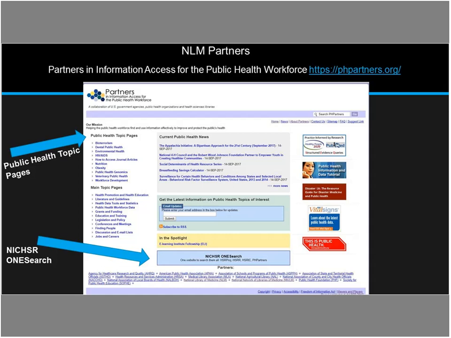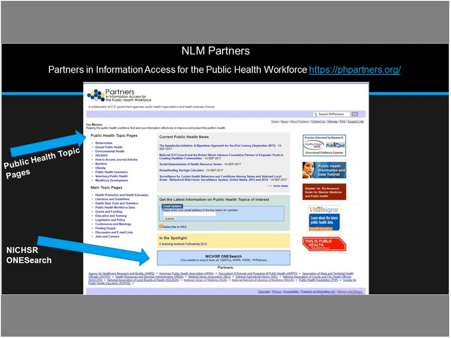The main topic pages have information about public health workforce data, health data tools and statistics, health promotion, health education. And there's a button down at the bottom in the center, and that is one website to search several different databases.